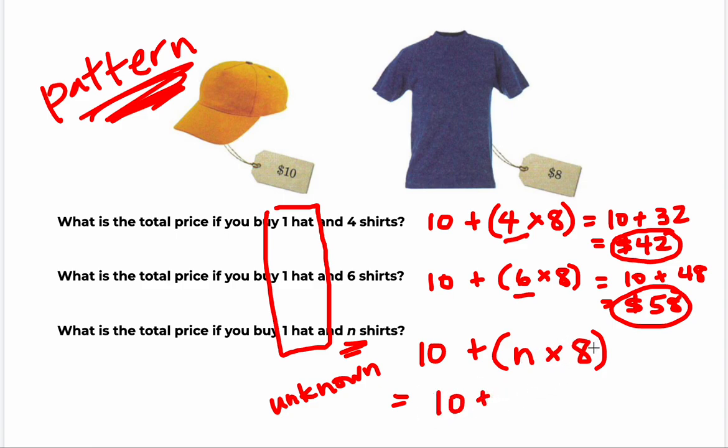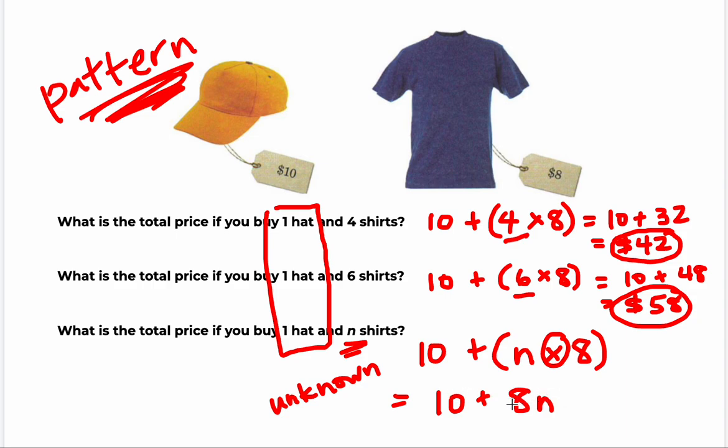We don't want this X here to represent multiplication because now that we're using letters, we might confuse that with the variable or the letter X. So we're going to just smush the 8 and the N together. Whenever you see a number and a variable, a letter, next to each other, you can assume that means multiplication, because again, we don't want the X for multiplication to be confused with a letter x.